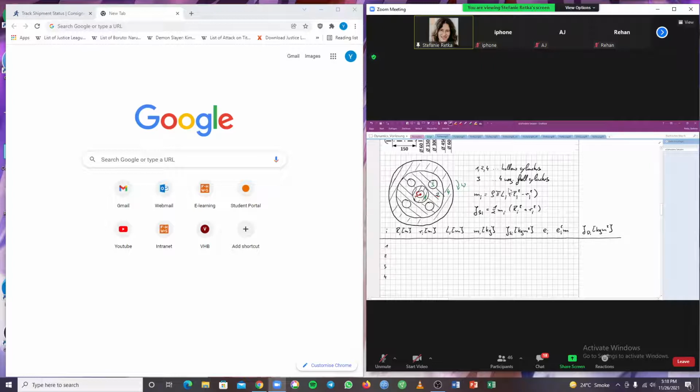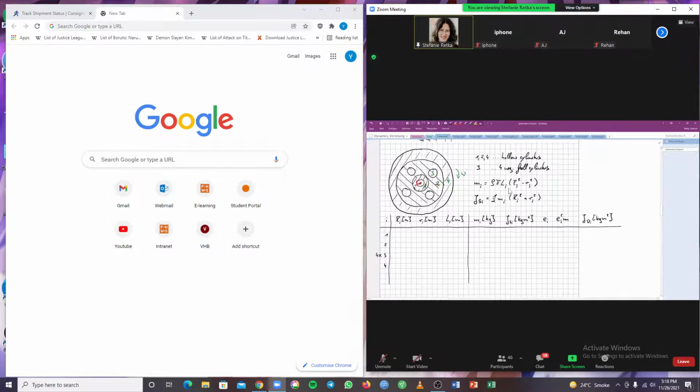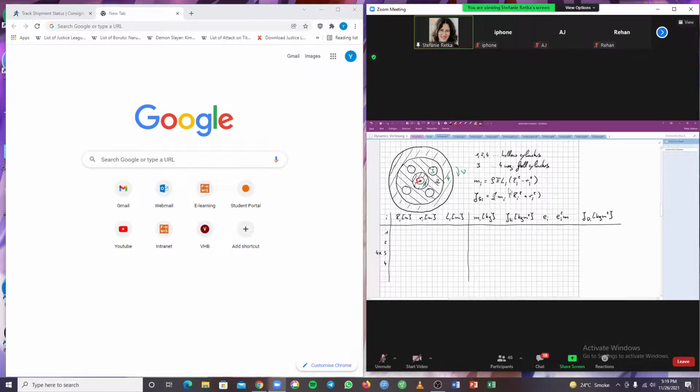We have 4 subsystems. Subsystem number 3, our drill hole, has to be multiplied by 4, since we have 4 drill holes. The first 3 variables, inner radius, outer radius, and length, are stated in the figure given.